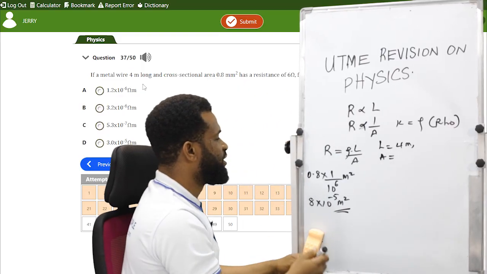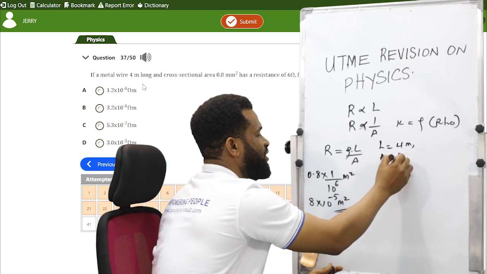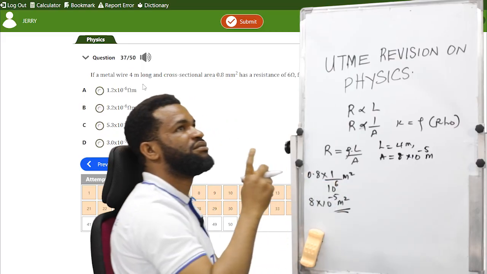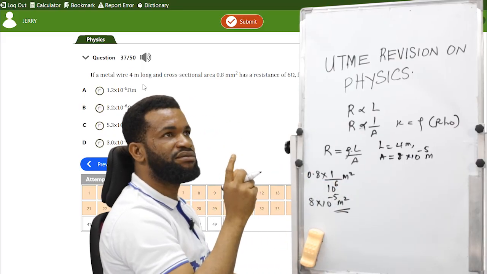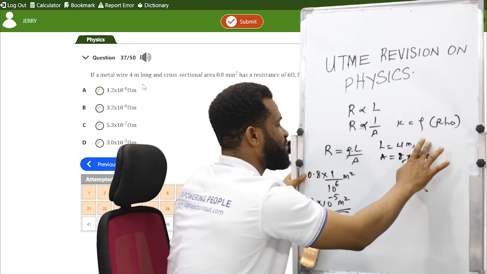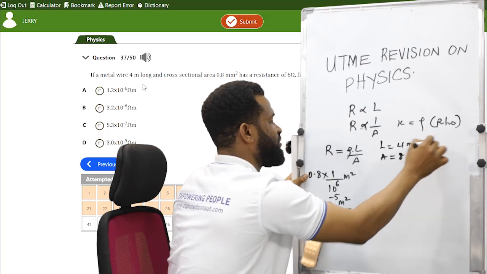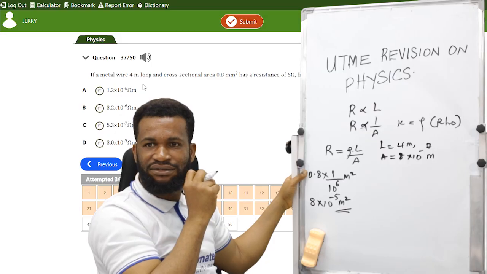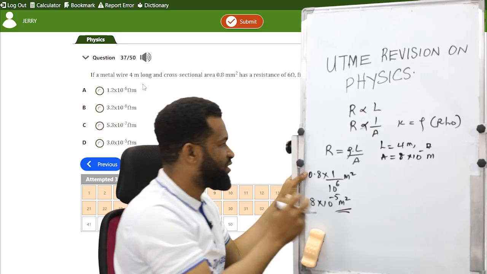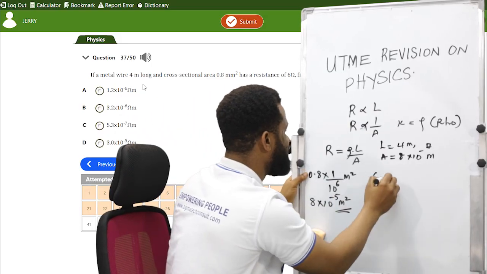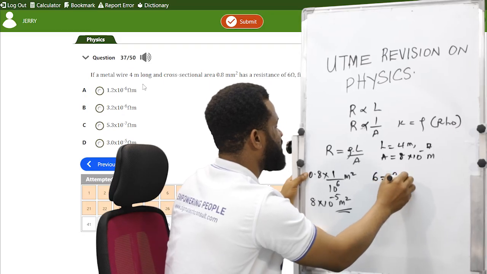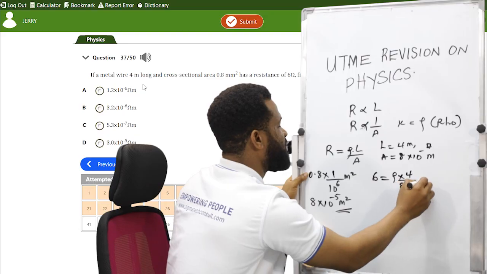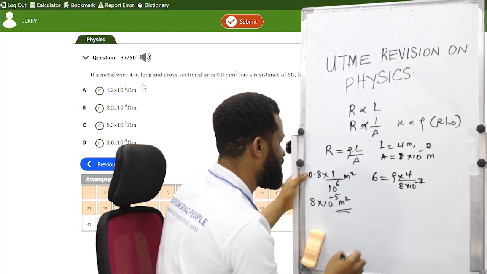Conversion is very necessary. So the area is 8 times 10 raised to the power minus 7. The R is 6, so I'm going to say 6 is equal to resistivity times 4 all over 8 times 10 raised to the power minus 7.